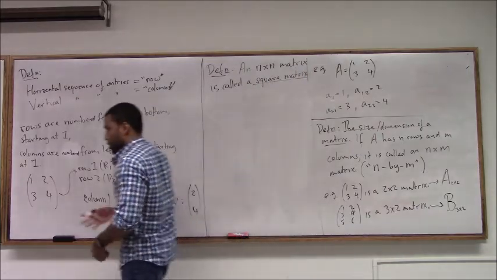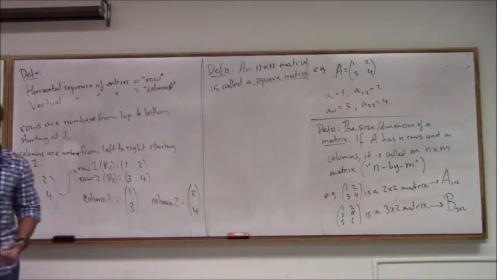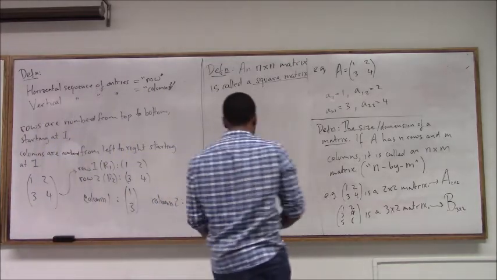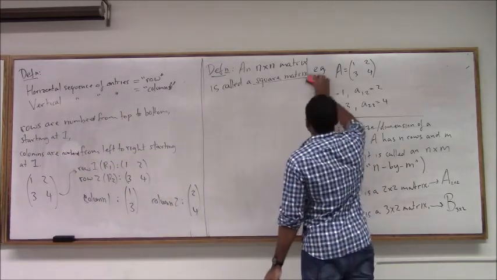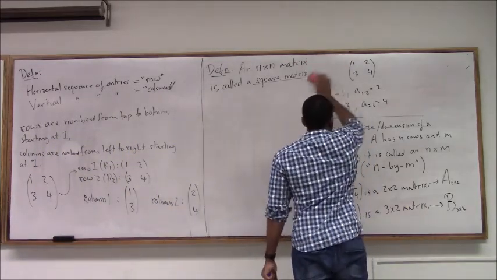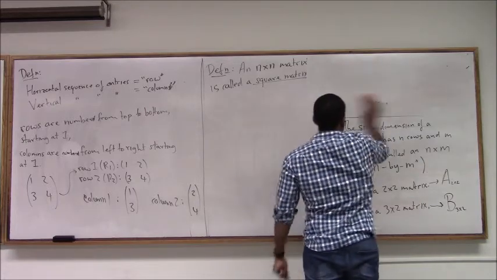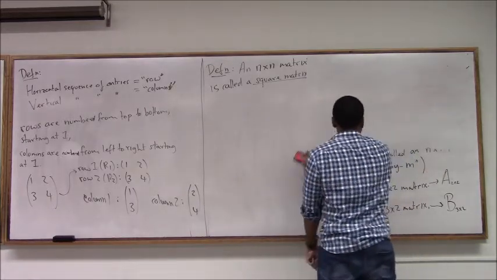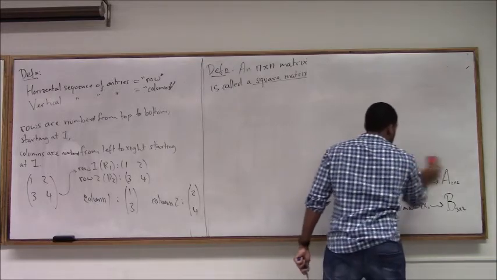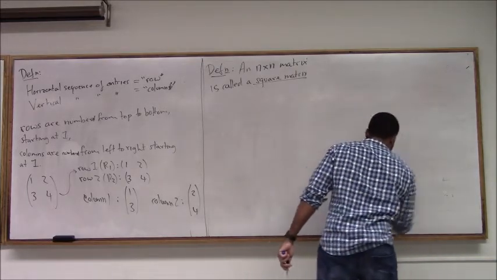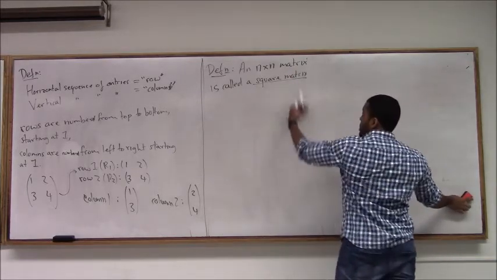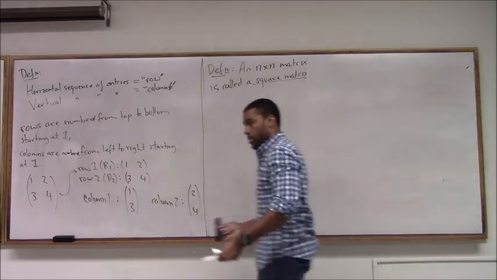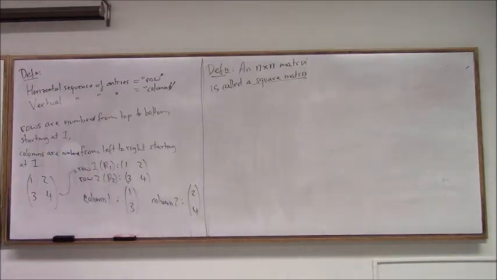That's important to know because there are a lot of theorems and rules that will only work for square matrices and don't work for other matrices. Those rules make sense when you realize that it means the input dimension and the output dimension are the same. That will tell you why some rules work and others don't.